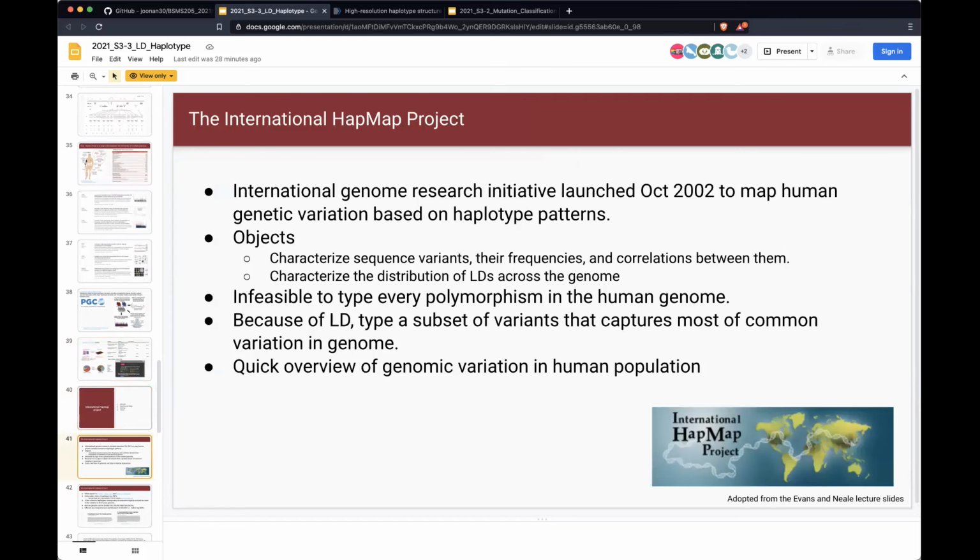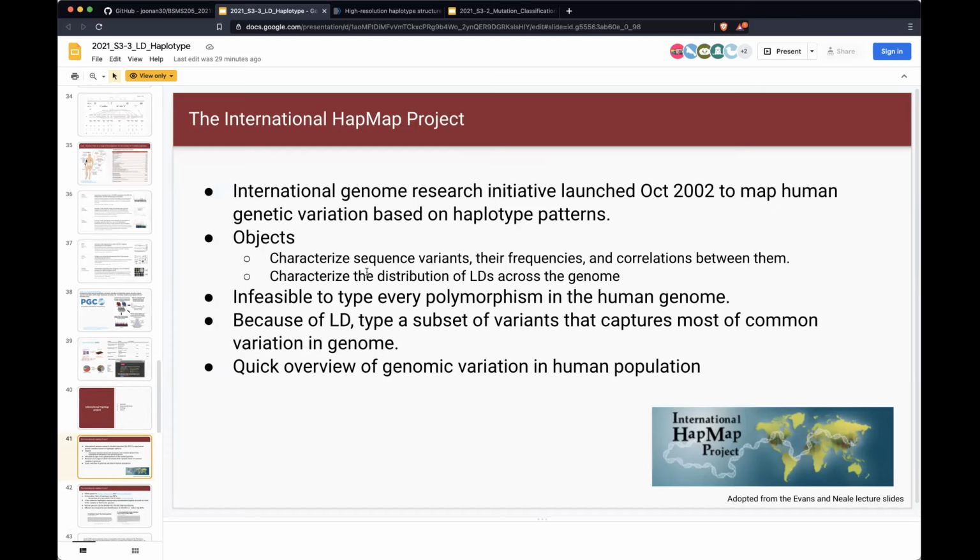Okay, so let's move on to the first attempt on haplotype information, which is the International HapMap project. The International HapMap project started in 2002, just after the Human Genome Project was done. The aim was to characterize the sequence variants and their frequencies and the correlations between them. People also wanted to look at the distribution of LD across the genome, right?